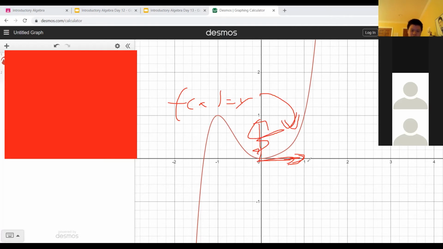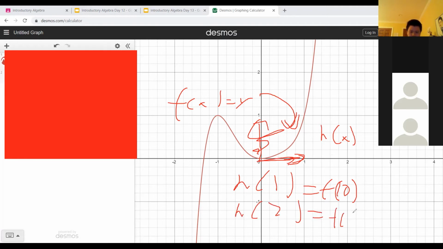So let's use h(x) for our modified function. So h(1) equals f(0). Similarly, h(2) equals f(1) since we're moving everything to the right. And so you can see that h(x) equals f(x minus 1). I mean x plus 1.